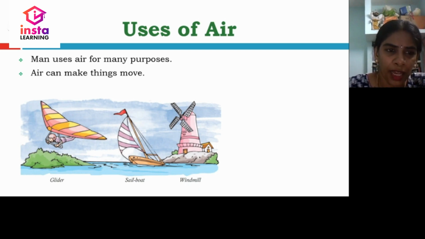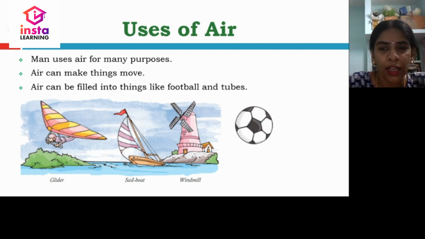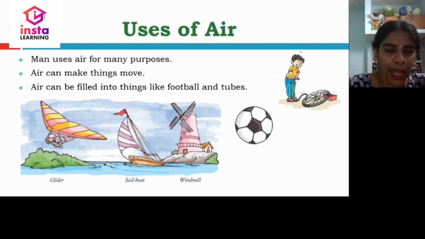We need air for windmills. Air can also be used to fill things like footballs and air tubes. Cycle tubes and all, we require air. We will pump the air. In a football, we pump air.